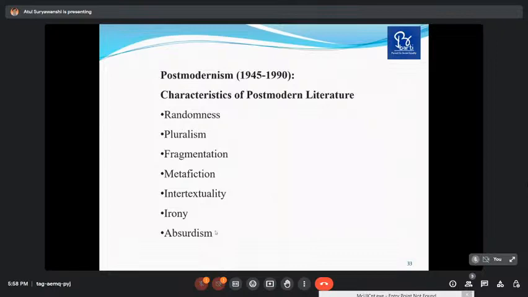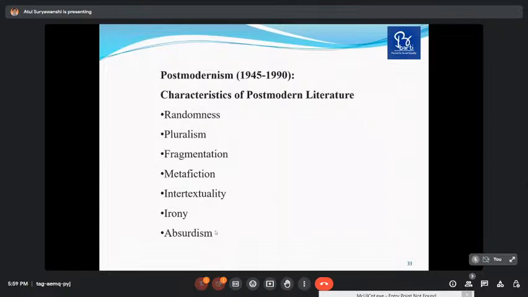As I told you, this term was coined by the famous writer Julia Kristeva. The next, irony. Irony is a mode of speech in which the real meaning is exactly the opposite of that which is literally suggested. And the next prominent characteristic of the postmodern era is absurdism. This is absurd theater.